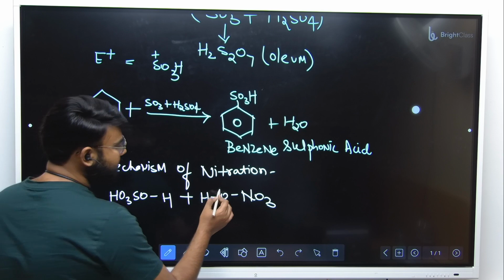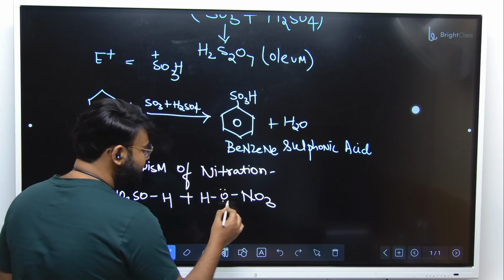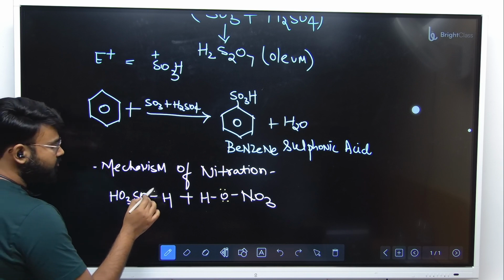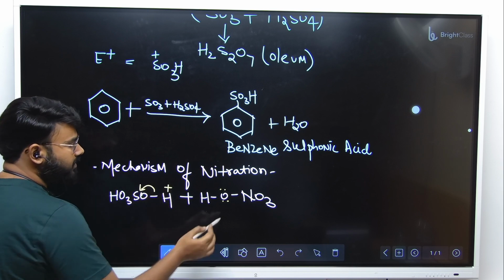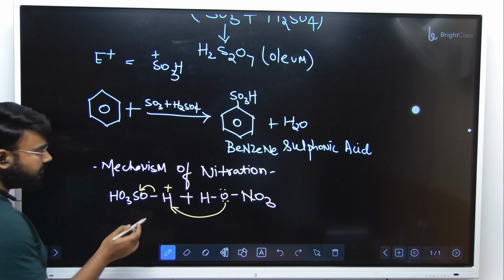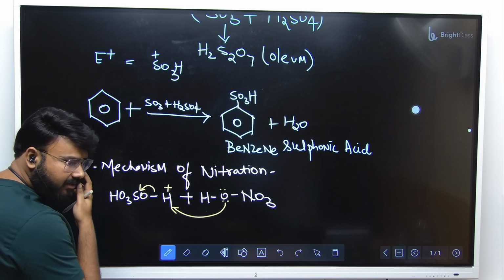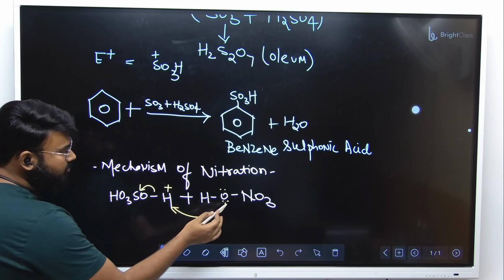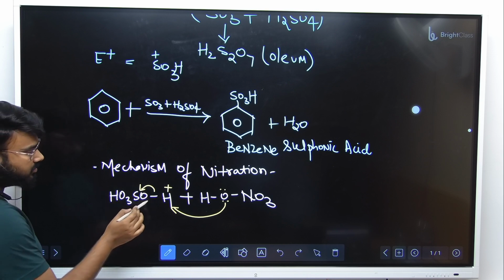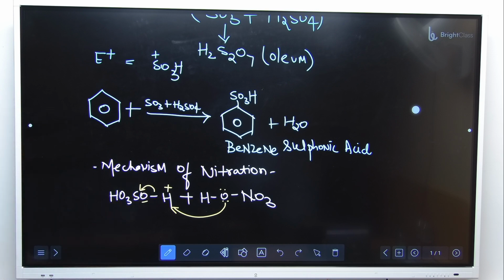Now say this oxygen has a lone pair. Guys, do you see this? There is a lone pair on the oxygen. Now understand this oxygen is more electronegative. This H plus will be compensated here. This lone pair will be donated to H plus. Oxygen is more electronegative and will take up the electron, so this will be minus.